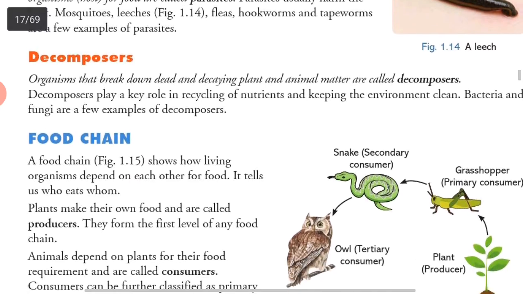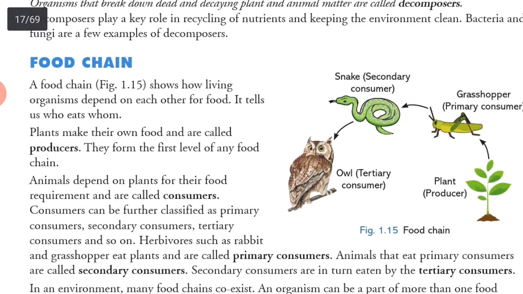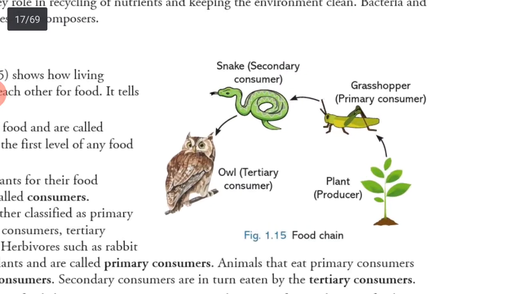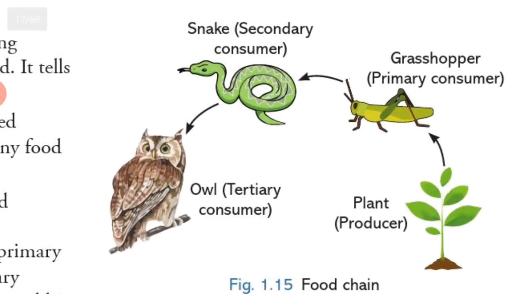Next is food chain. You can see in the diagram the food chain. Plants are the producers, grasshoppers are the primary consumers.